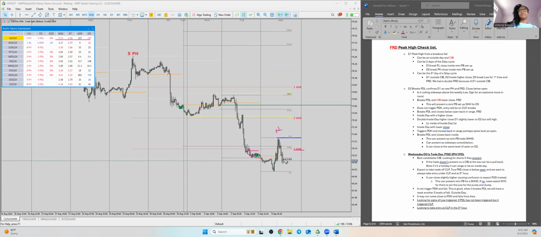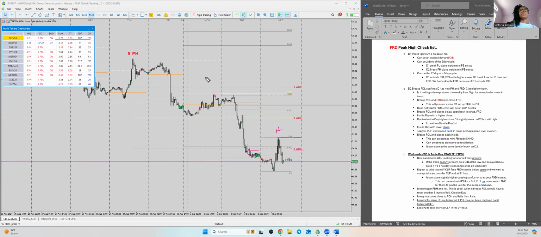Now, I don't know what's going to happen, right? Right now it's pumped up and now it's dumping. So it's almost giving me the indication that we could possibly continue to pump back up and take out this high, right? Again, we have news in 30 minutes. So I'm just going to wait to see.